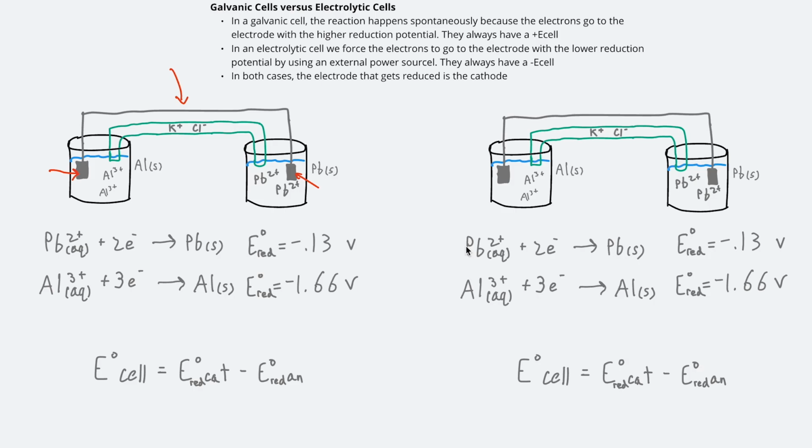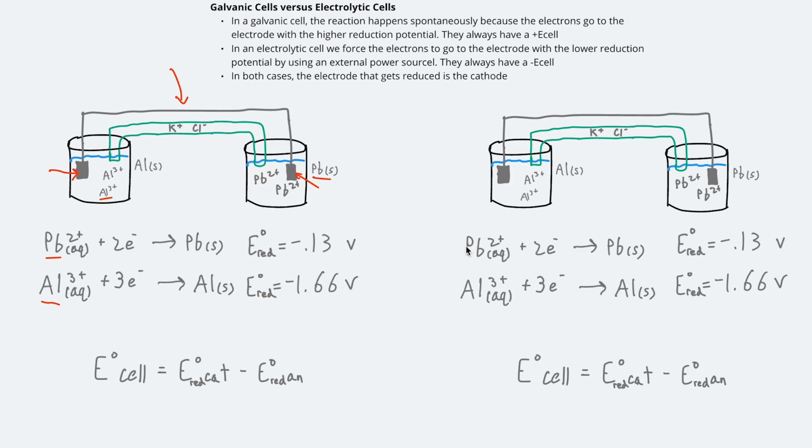And what you want to think of now is, based on the reducing potentials of the lead ions and the aluminum ions, which one is going to be able to steal electrons from the solid metal strip that's in the opposite container. So for example, can the aluminum ions over here take electrons from the metal strip of lead in the other container?